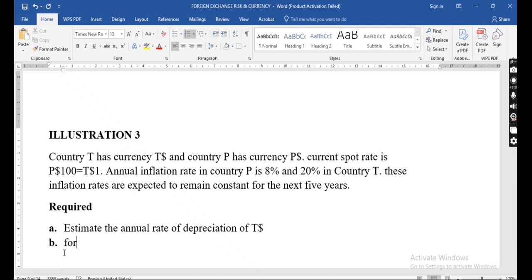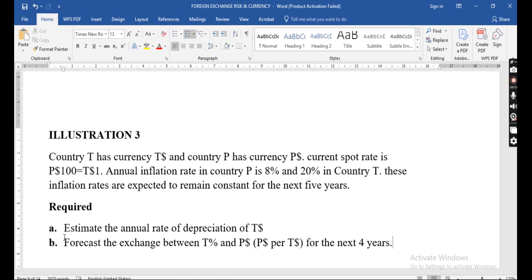B. Forecast the exchange rate between T dollar and P dollar for the next 4 years.